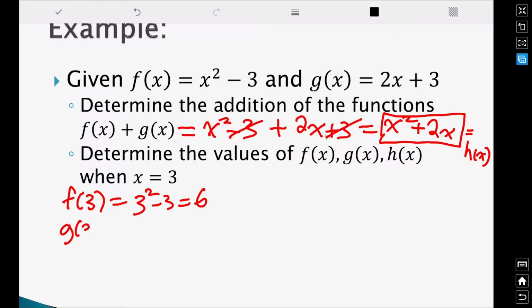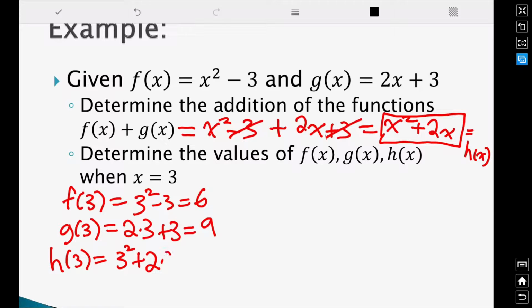G of 3 is going to be 2 times 3 plus 3, which is equal to 9. And then h of 3 is going to be 3 squared plus 2 times 3, which is equal to, if I'm not mistaken, 15.